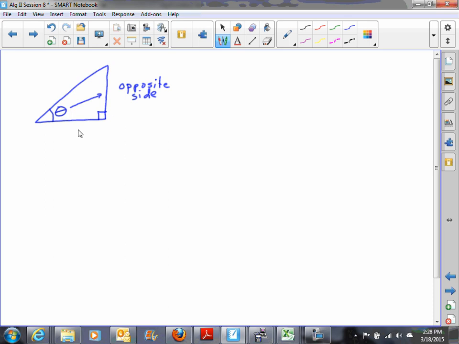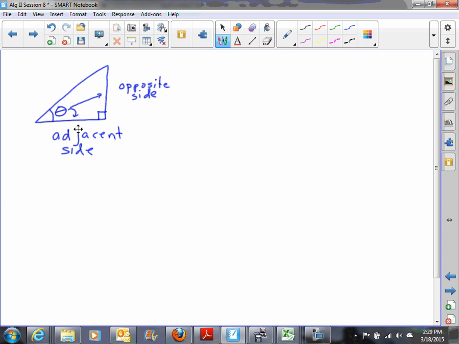Now, the side of the triangle that is one of the two line segments that makes up the angle is referred to as the adjacent side. So the side of the triangle that is not the hypotenuse and makes up the angle is called the adjacent side.